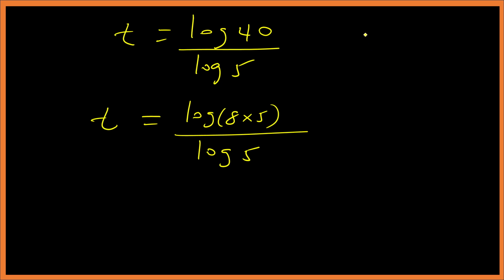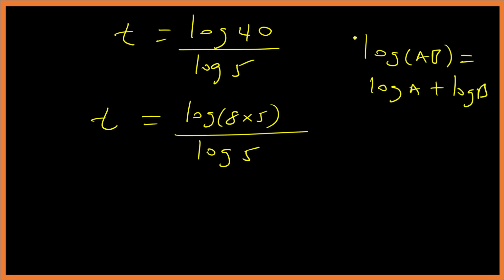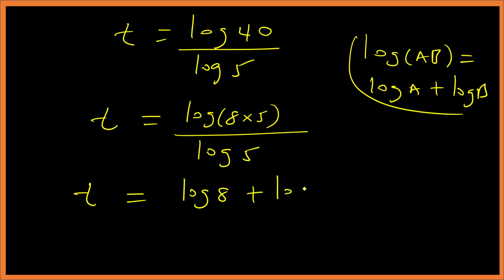Don't forget that log AB is the same as log A plus log B. So from here, my t will be log 8 plus log 5 on log 5.